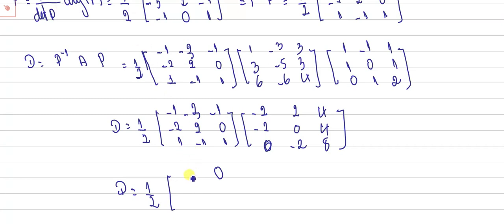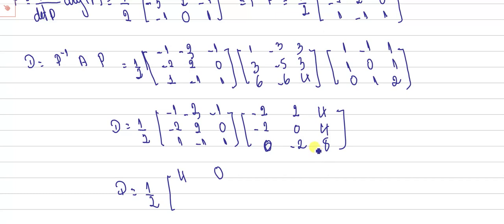This one is 4. And this one is 2 minus 2 and 2 is 0. This one is minus 4, and this one is minus 4. This one is minus 12 and this one is minus 8.